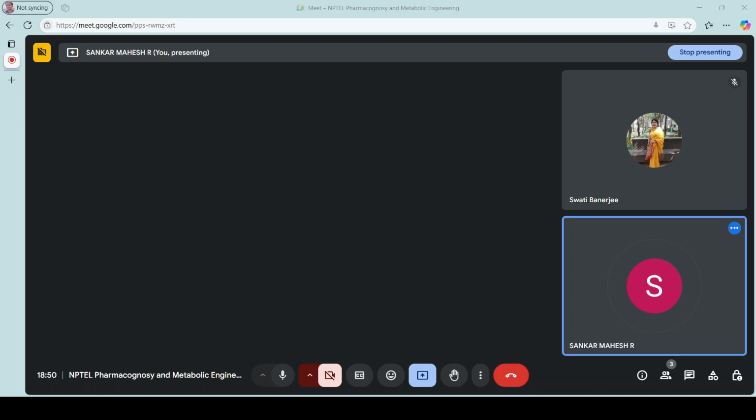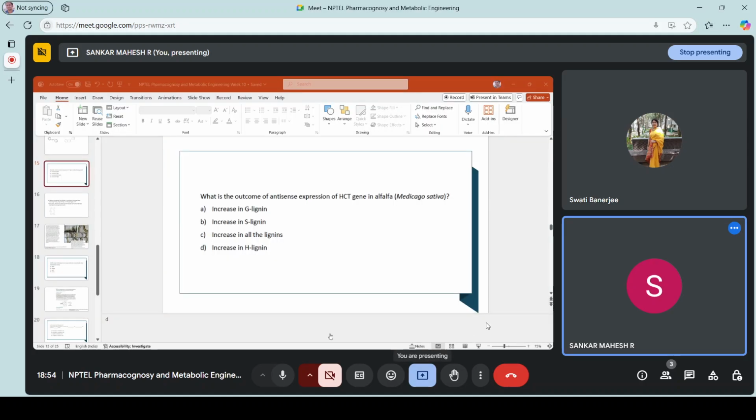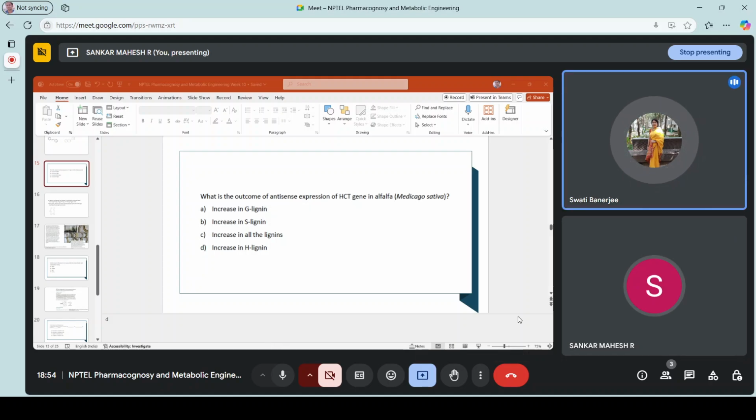Will the levels of HCT get increased or decreased when you do antisense expression? You are asking the levels of the HCT gene?